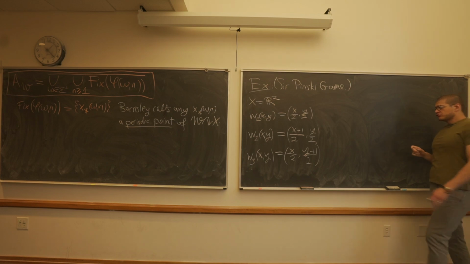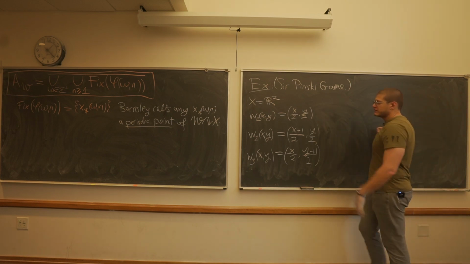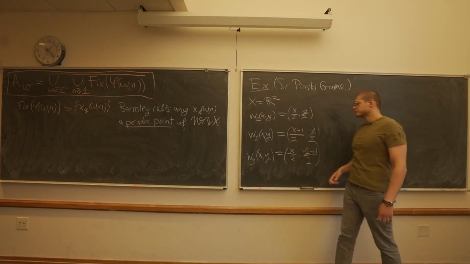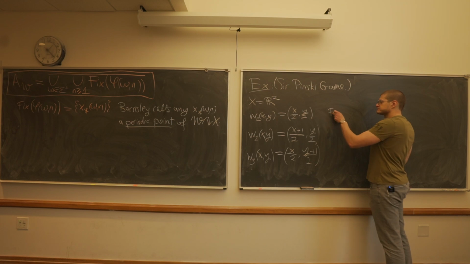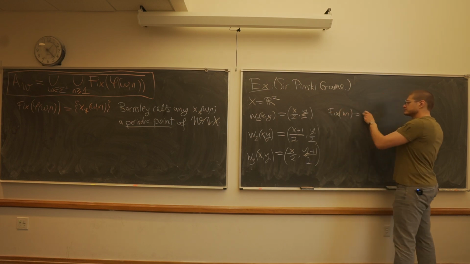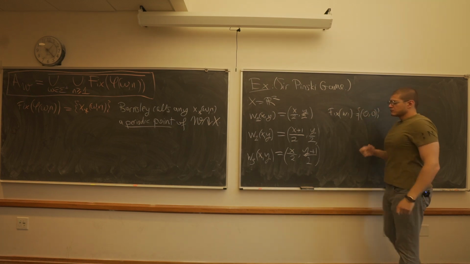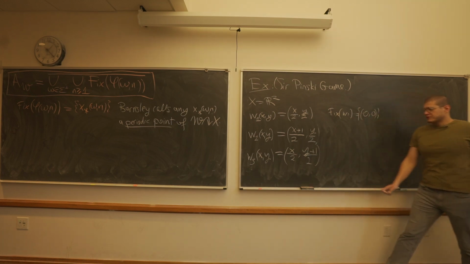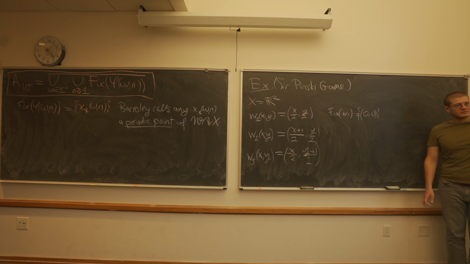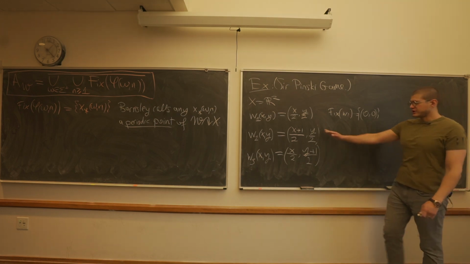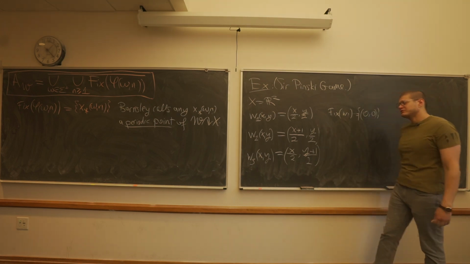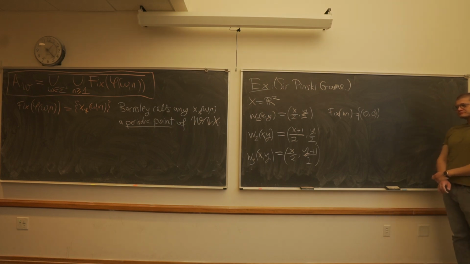So the unique fixed point of this is the origin, of course. What is the unique fixed point of this? It's a contraction, so it has to have a unique fixed point. 1, 0. Yeah, right.